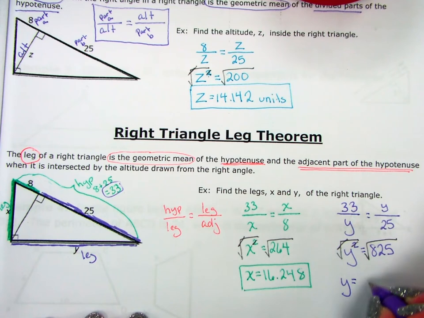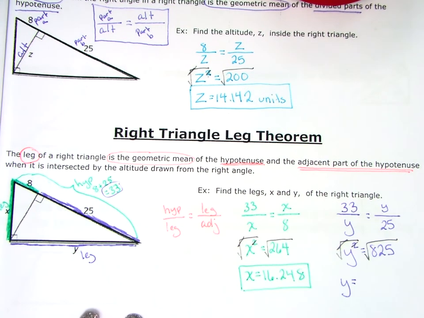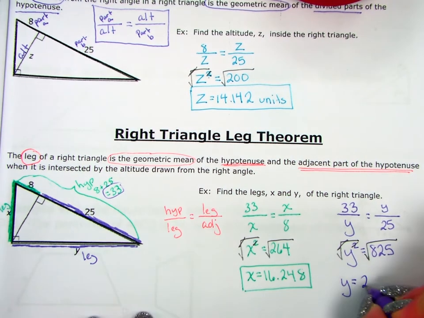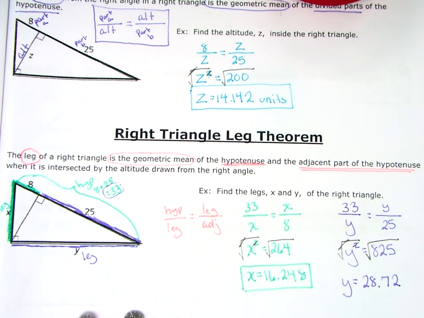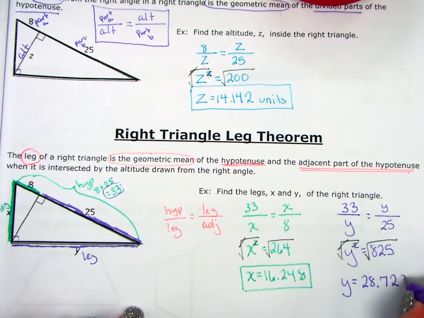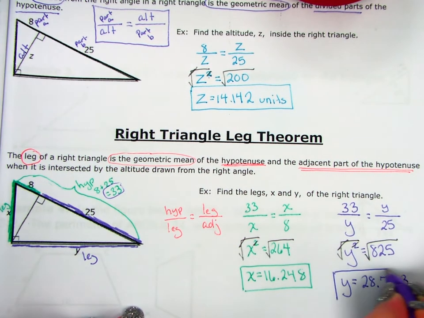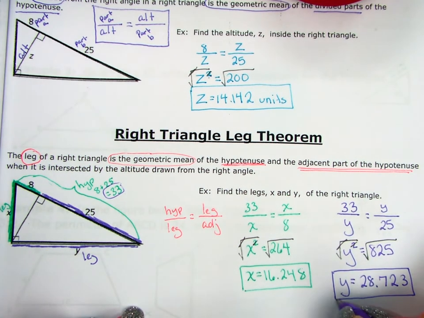And I end up with y equals the square root of 825, which is 28.72. After the 2 is another 2, and then after that 2 is an 8, which means we have to round it up to a 3 to do correct rounding.